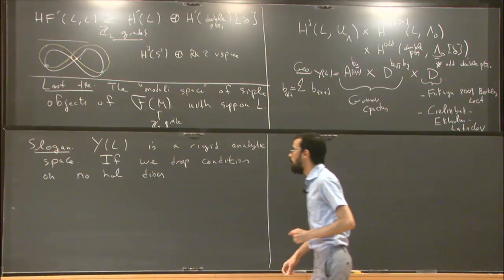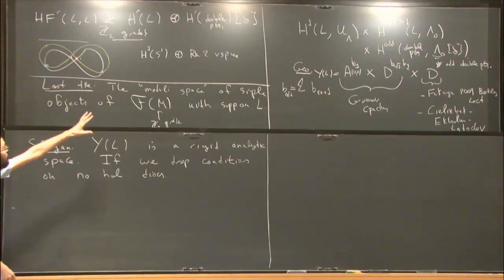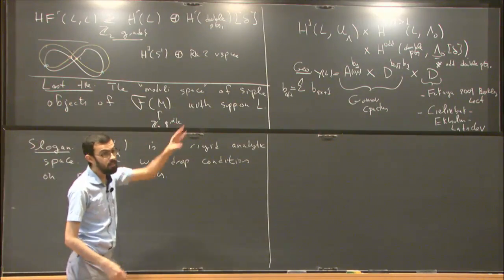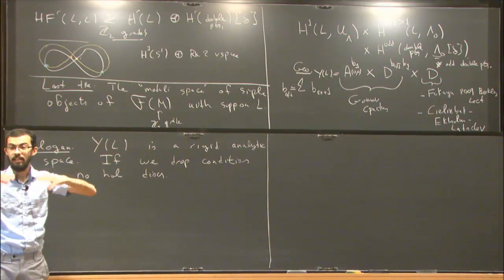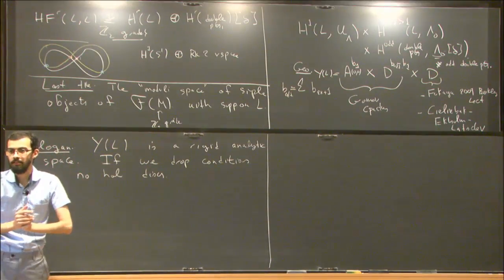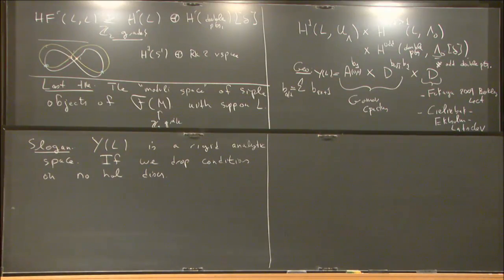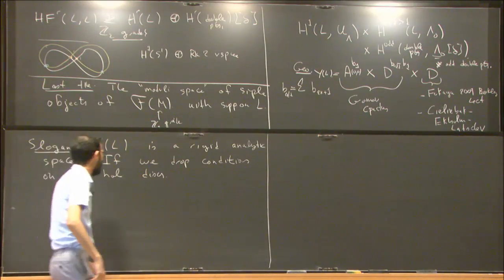The way I think about Floer cohomology is that if I were to take some kind of tubular neighborhood of the immersion, that's the Floer cohomology I would get. So it doesn't depend on the rest of the space in any way, because I assume that there are no disks, so it doesn't see it.